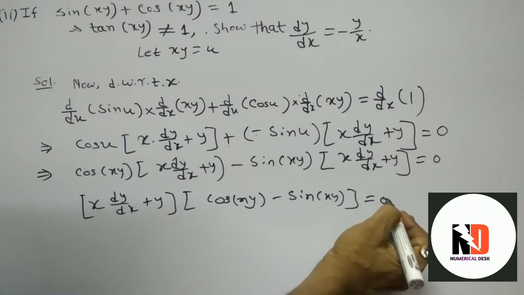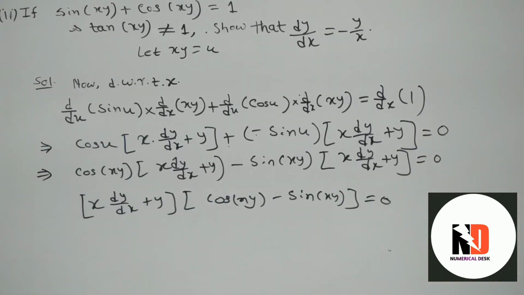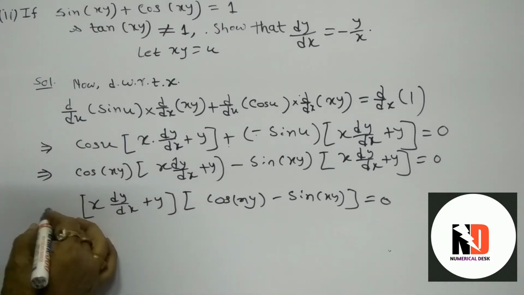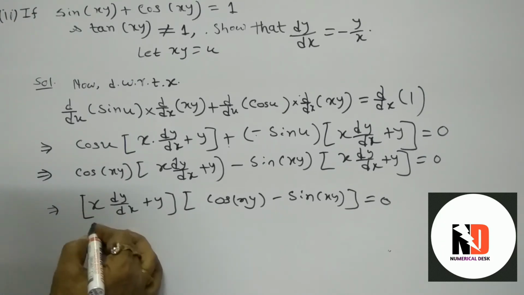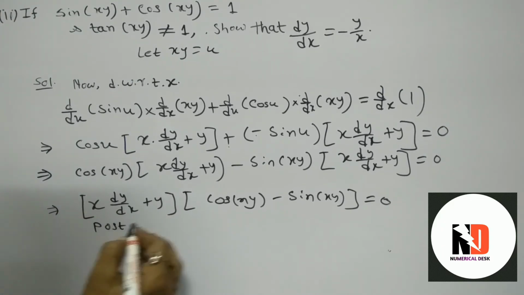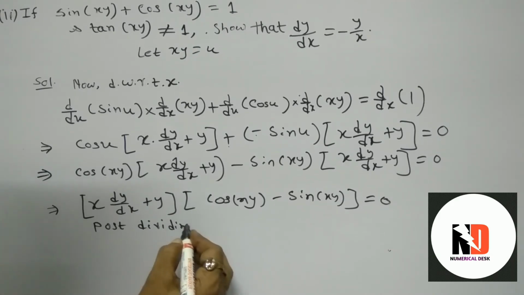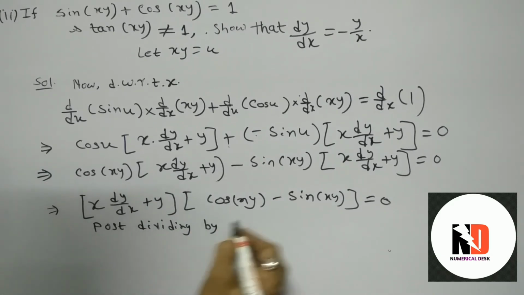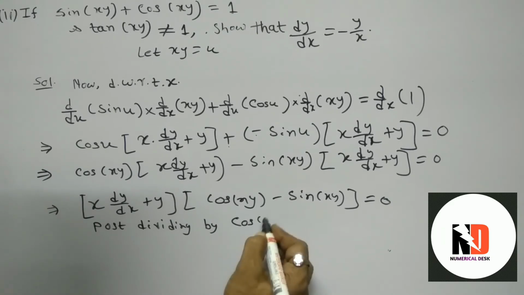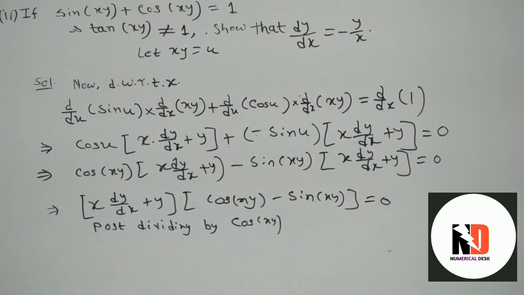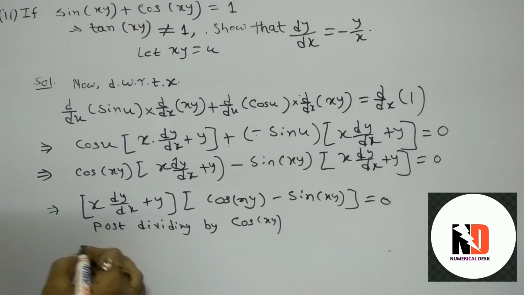Now the sum is almost done. Now we are going to divide both sides by cos xy, so that it will become tan xy, and that is why we are doing so.